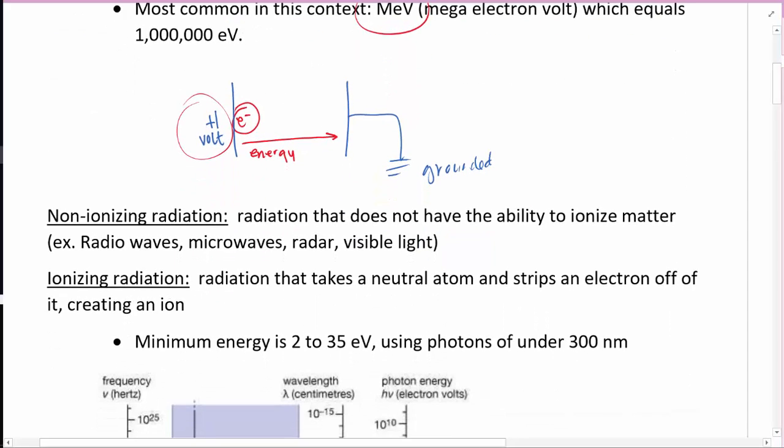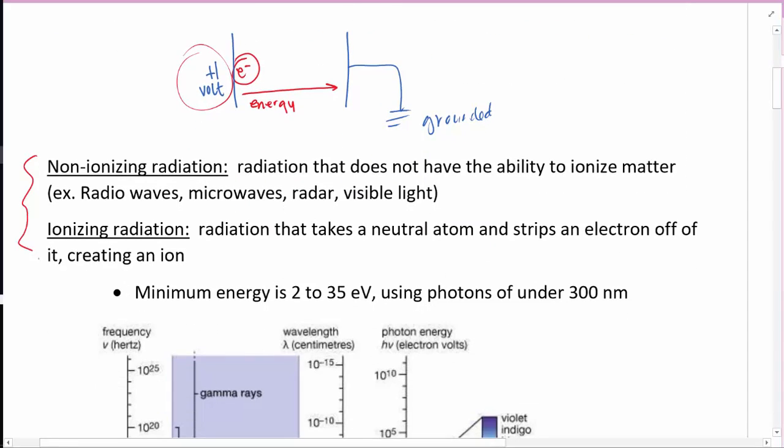All right, another thing that we should know, the difference between non-ionizing and ionizing radiation. Most of what we have looked at to this point has been non-ionizing radiation, so radiation that doesn't have the ability to ionize matter. Versus ionizing radiation, the radiation that takes a neutral atom and strips an electron off it.